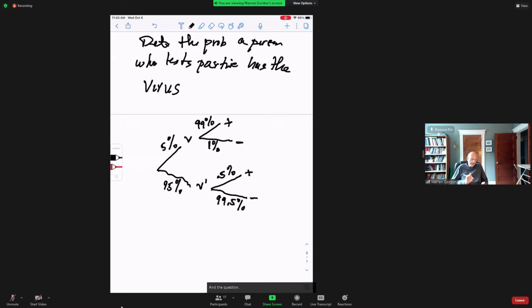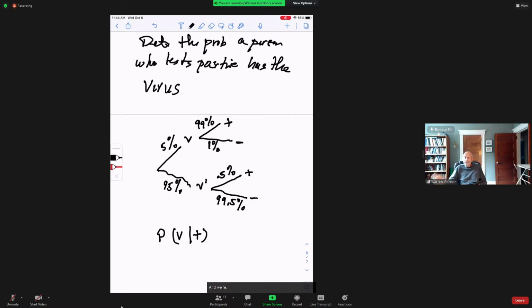And the question is, determine the probability of a person who tests positive. So given you test positive, what's the probability the person has the virus? There's the question. Now notice what's happening here. I'm being given the effect of this experiment, whether the test is positive or not.